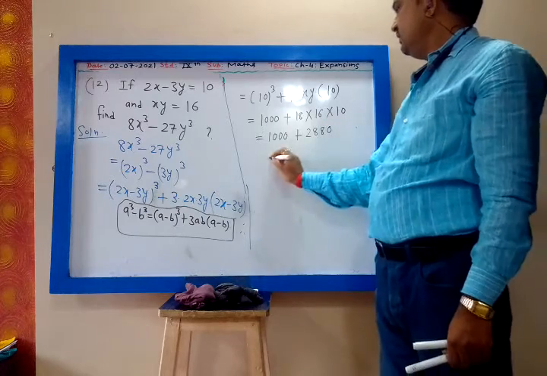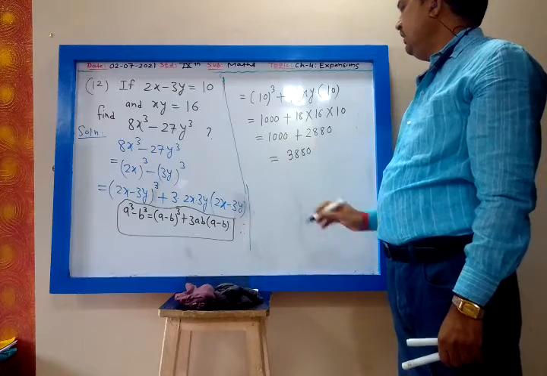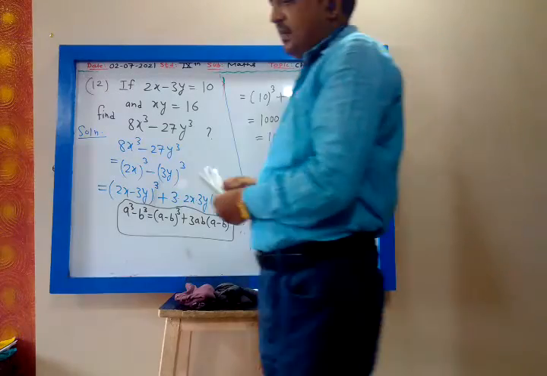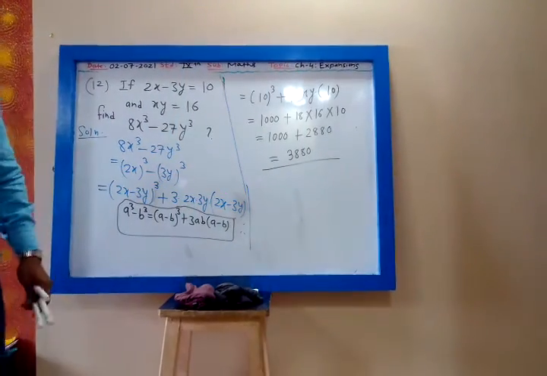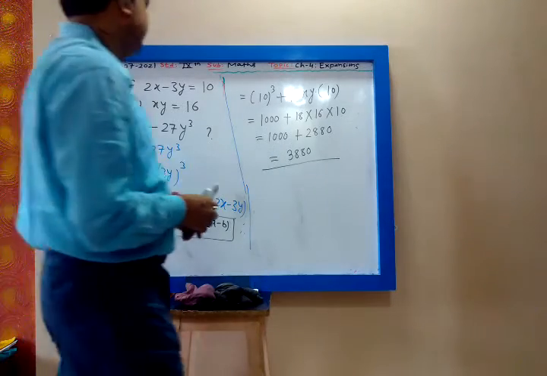So that is 3880. 3880 is the answer, correct? Followed? 3880.